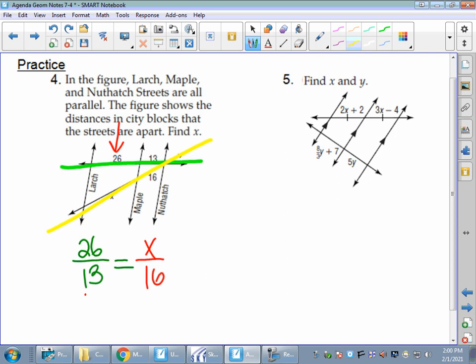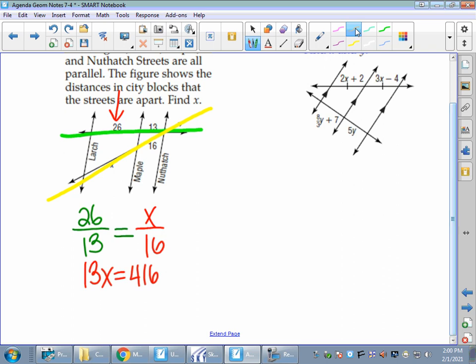So cross multiply, that's going to be like 13x equals some large number like 416. According to my mental calculations, when I divide by 13, x should be equal to 32. Double check me and tell me if I'm wrong. So it's 32 city blocks to get from Larch to Maple going on that street instead of the other. Longer, right? It makes sense because it's kind of more crooked angle.